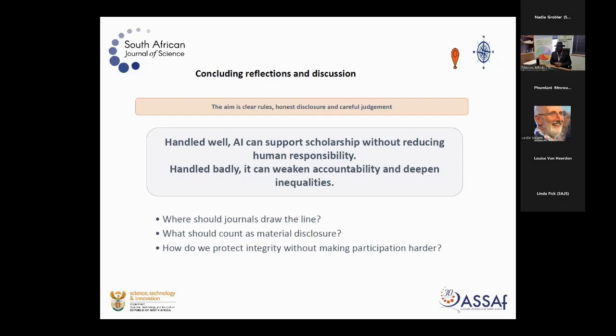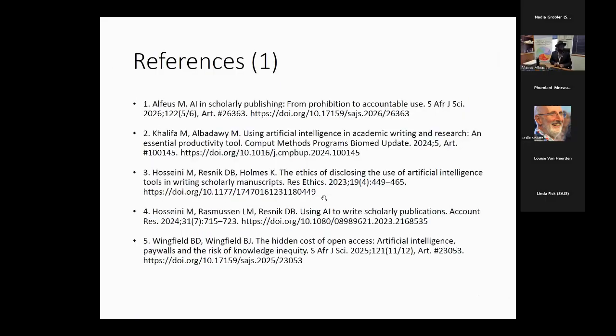I think these are things that we as editors, authors, and scholars have to ask ourselves: where should we draw the line? How can we create a fine balance between this? And again, I put some references, and this is my guest editorial in the Current Issues in the South Africa Journal of Science.